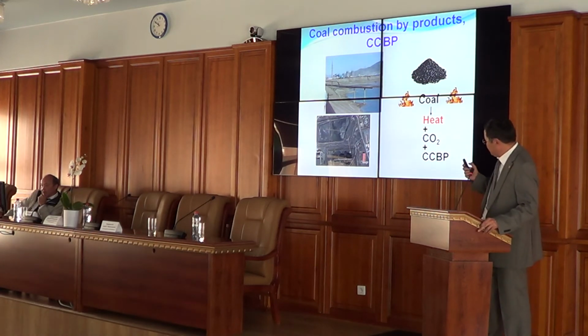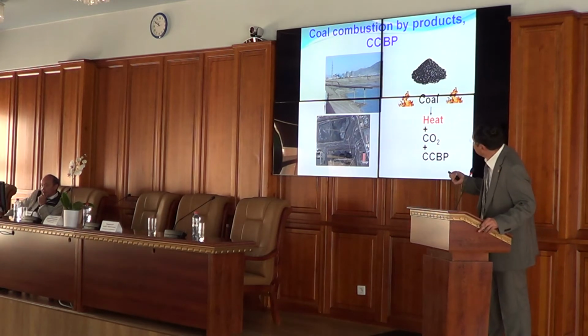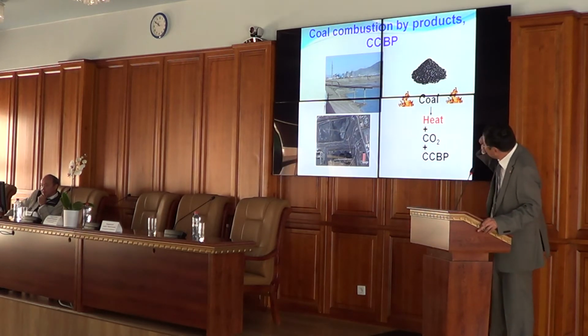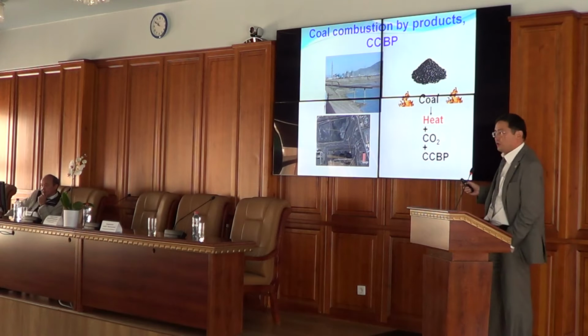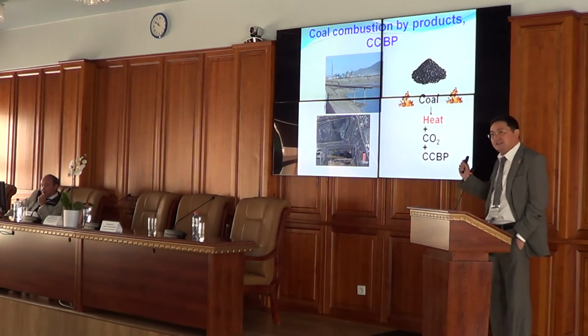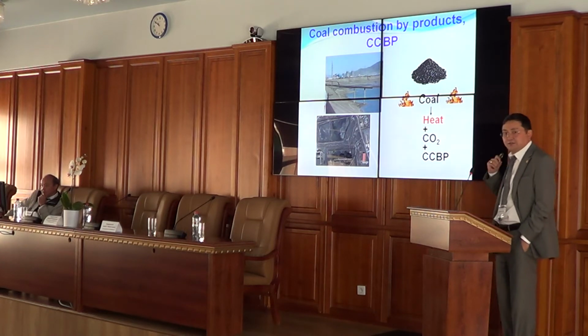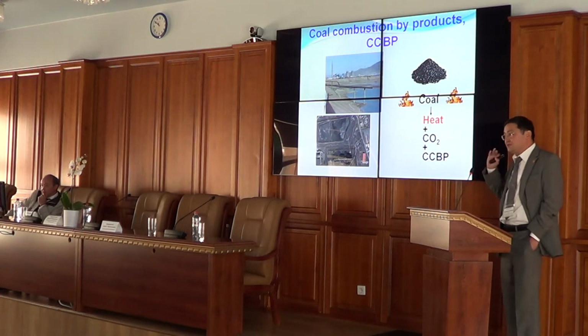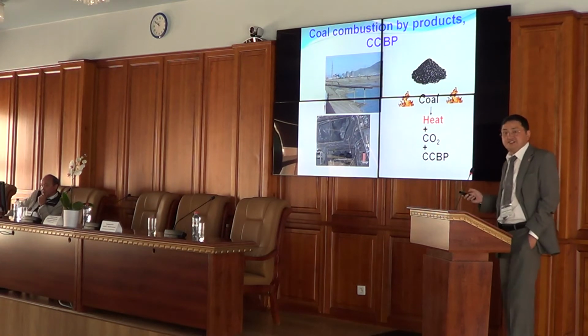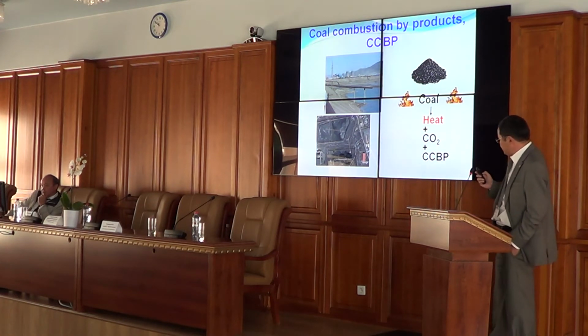So, unfortunately, each type of coal always contains approximately 20-50% of non-combustible residue. So in each ton of coal we will get at least 200 to 300 kilograms of non-combustible residue. It's coal combustion byproduct.